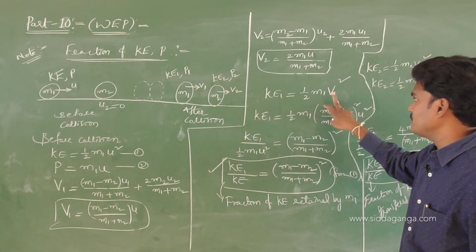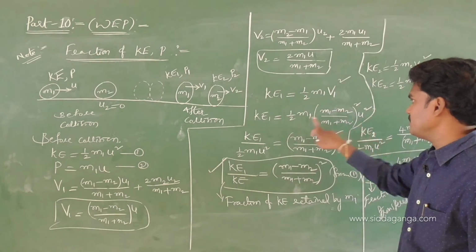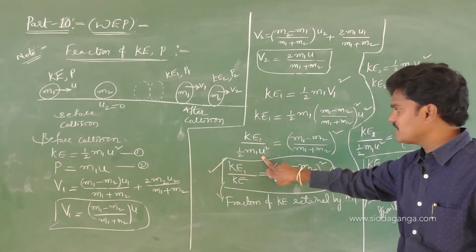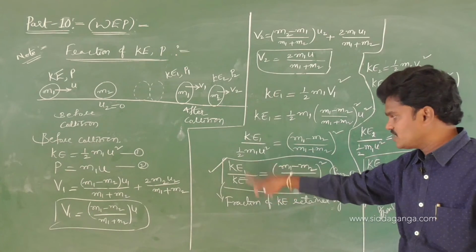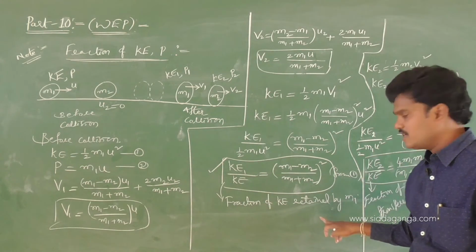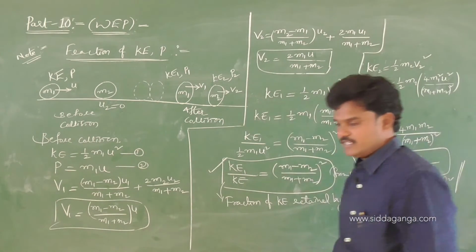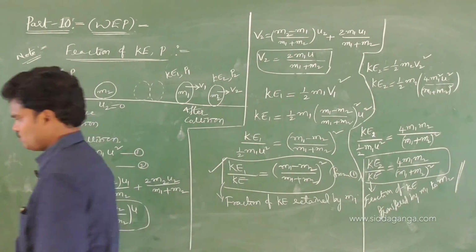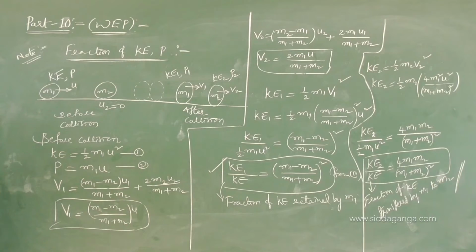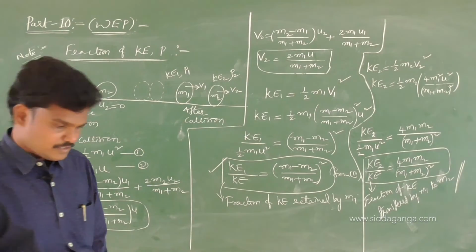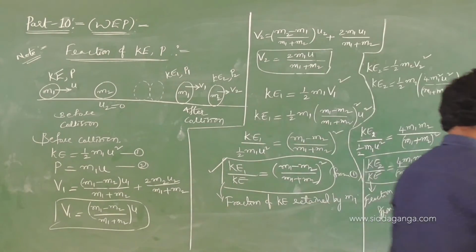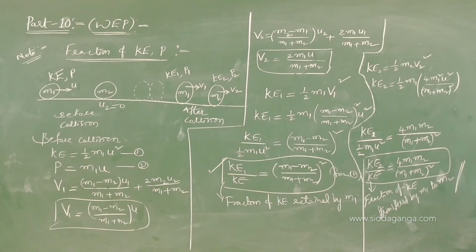If you substitute v1, you will get half m1 something u square. If you take this value left, this is nothing but KE. So this ratio is the fraction of KE retained by m1 and the other ratio is the fraction of KE transferred by m1 to the m2. In the same way, you try to get momentum p1 by p and p2 by p.